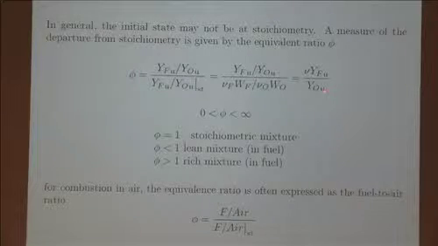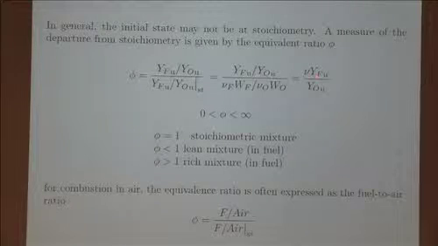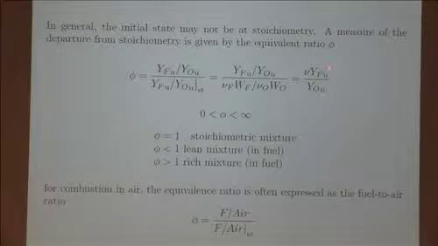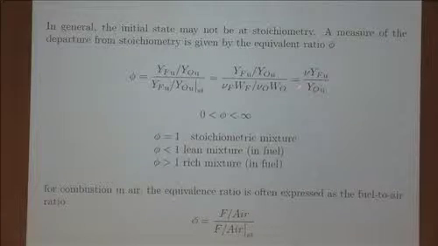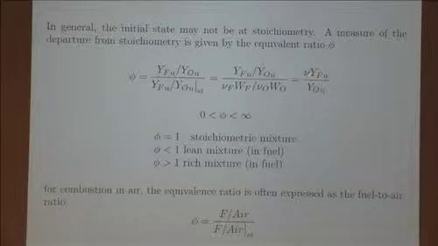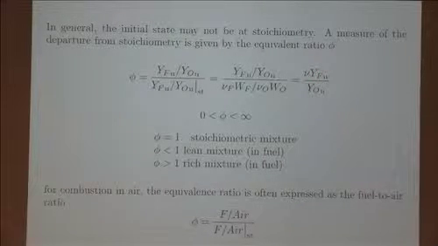So phi is essentially expressed as nu, which is the mass-weighted stoichiometric ratio, multiplied by the ratio of the mass of the fuel divided by the oxidizer. Clearly, if you are at stoichiometry, then this is equal to 1 over nu, and so phi is 1.